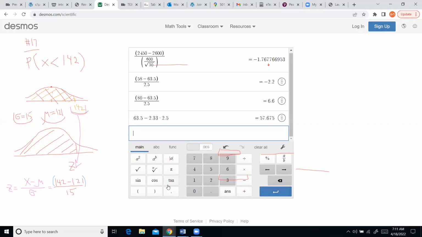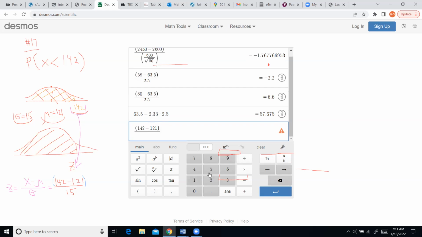Get this numerator in the parentheses, 142 minus 121, parentheses, and then divide this by number 15. So once it's done, you got 1.4. And this is your so-called z-score, 1.4. This is a very special number because what you do is look at the tables and get the answer.